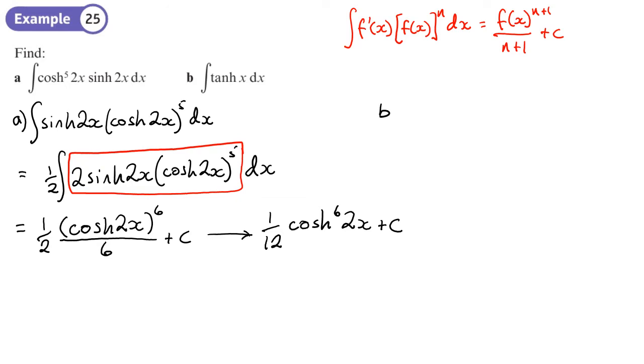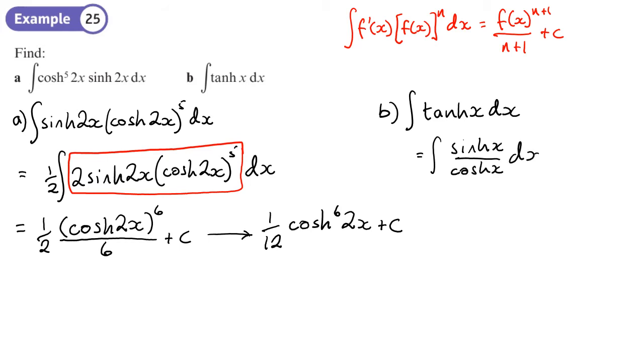Part B, I'm not quite sure why we're doing part B, because this is in the table. But I suppose what we could do is say tanh is equal to sinh over cosh.